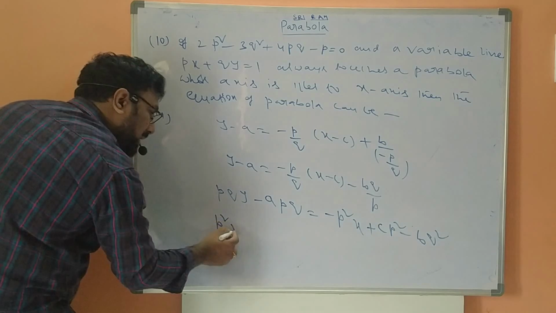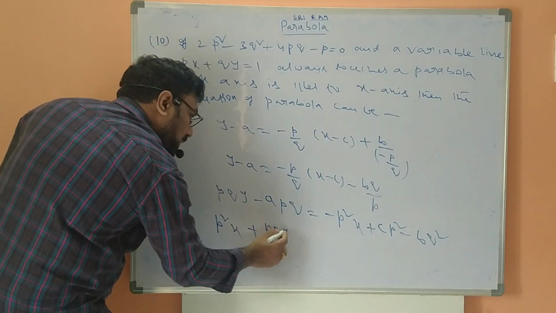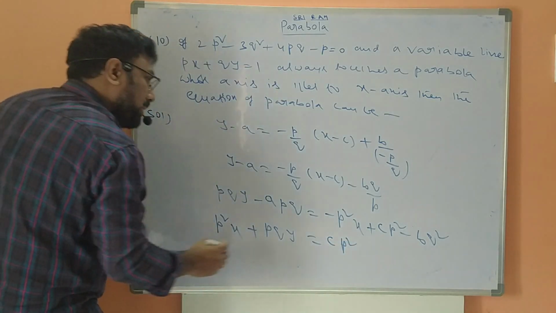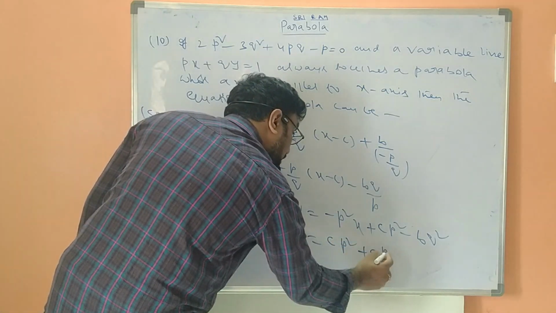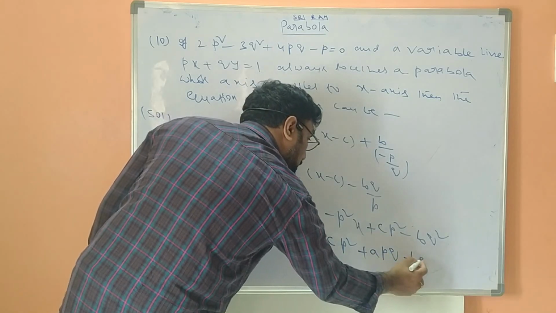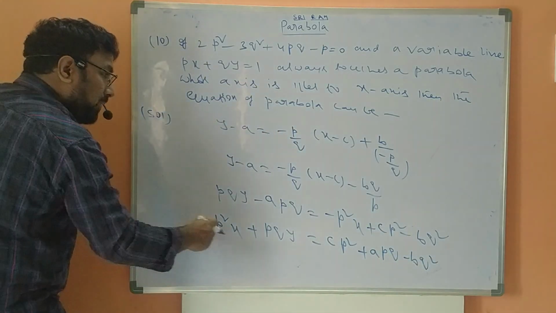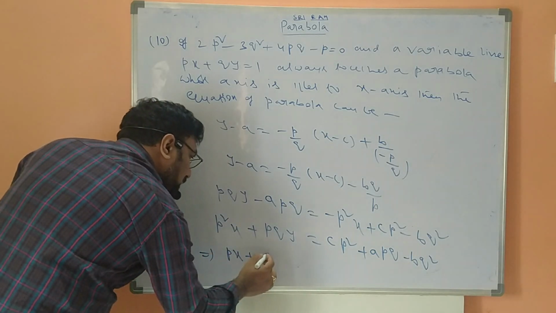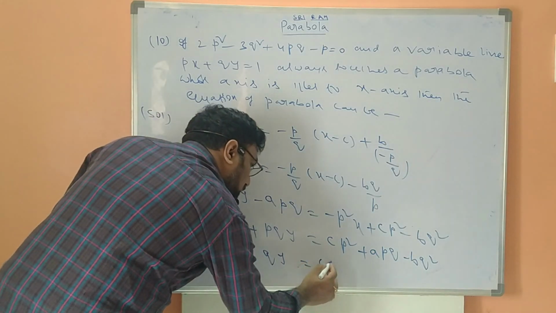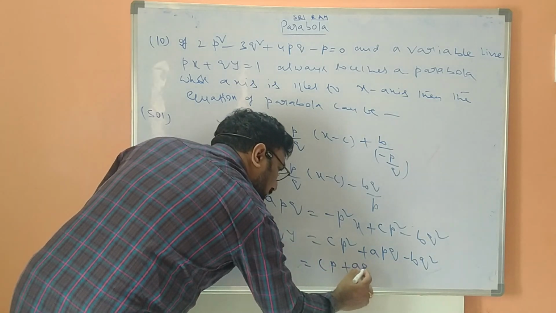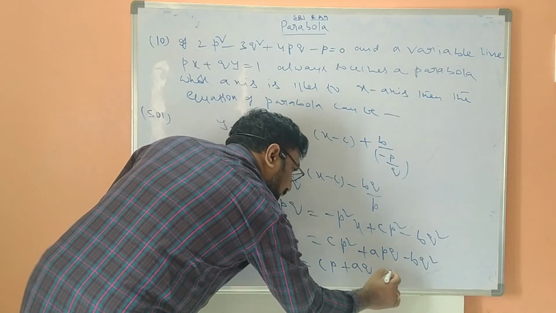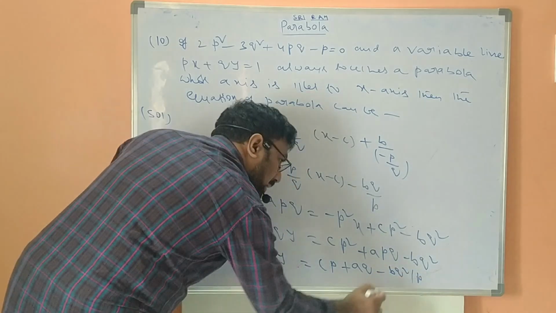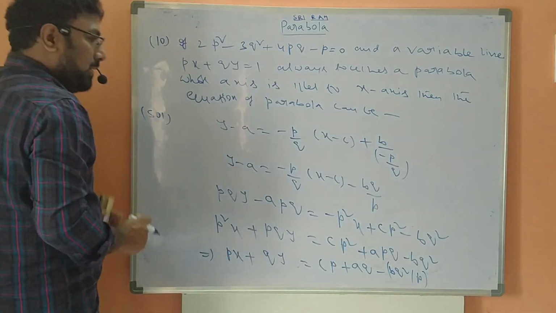We are getting p square x plus pqy equal to cp square plus apq minus bq square. Dividing with p, we are getting px plus qy is equal to cp plus aq minus bq square by p.